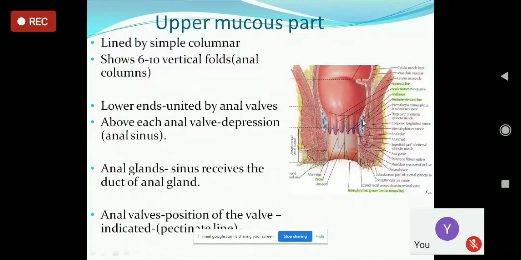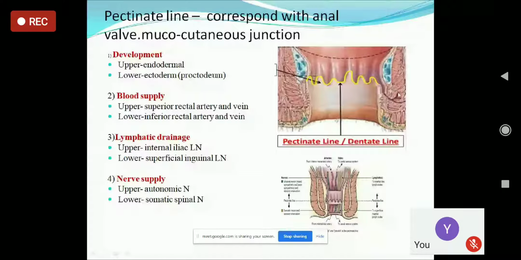Look at your pectinate line. First, what we have to remember is that the pectinate line and Hilton's line divide the anal canal into three compartments. We are talking about the uppermost part, the upper mucous part, where we get the anal column, anal valve and anal sinus. The anal valves join together and represent the line called the pectinate line, or dentate line.